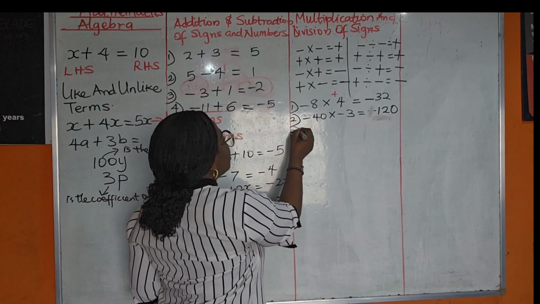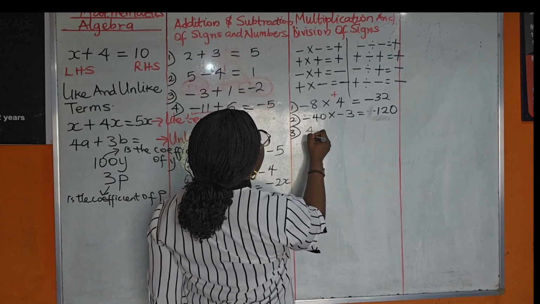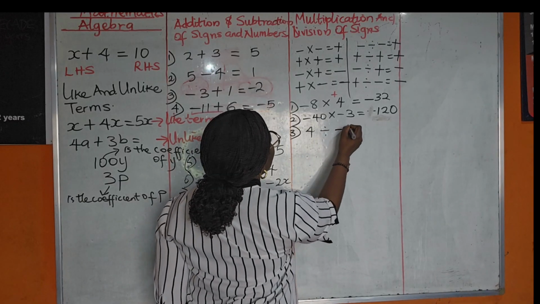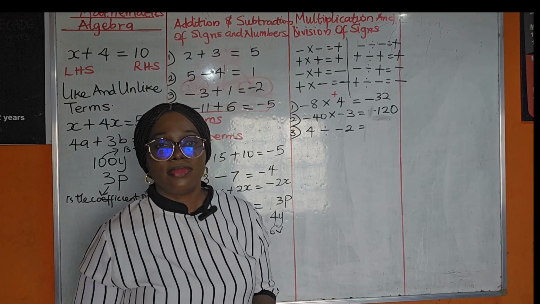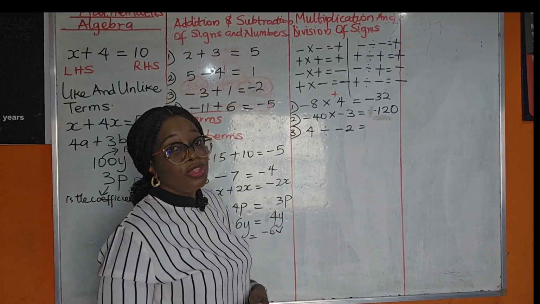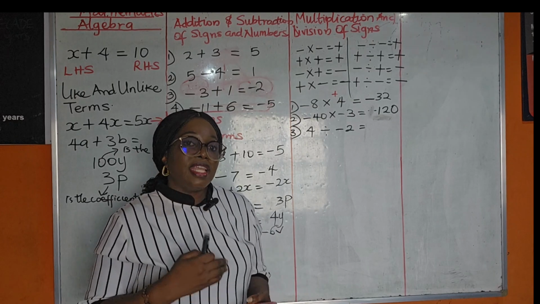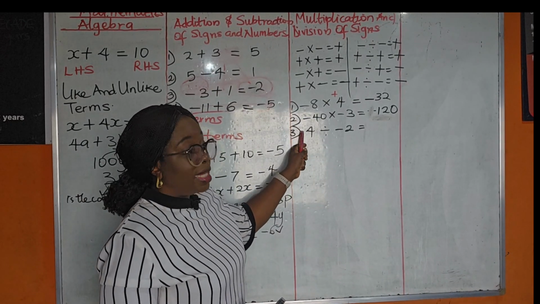Another example is if you have something like this, 4 divided by minus 2. The first thing you do is to divide the signs, first of all. 4 here carries an invisible plus sign.